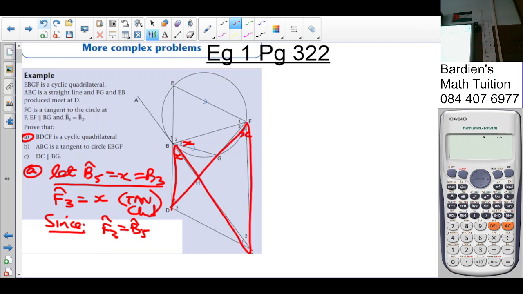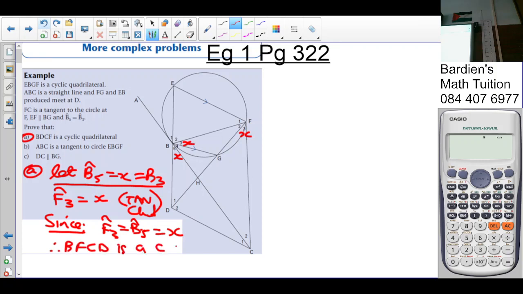So since B5 is equal to F3, which is equal to x, therefore BFCD is a cyclic quad. Why? Because equal angles subtended by the same chord, and that's chord DC.